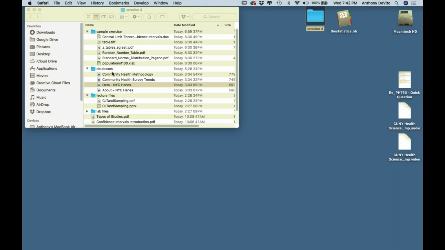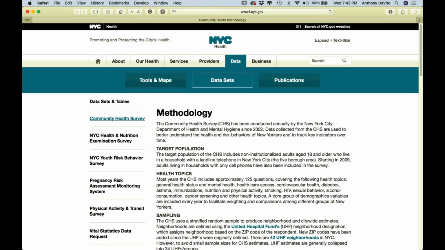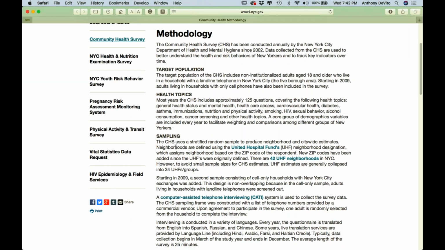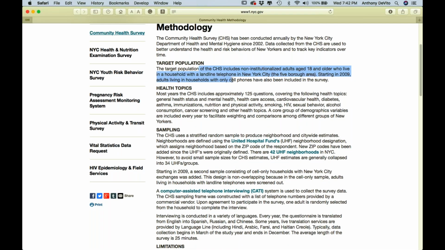And also, we're going to be working with something called the New York City Community Health Survey. That is a survey that's done by phone, by computer-assisted phone dialers. The target population includes non-institutional adults aged 18 and older who live in a New York City household, have a landline phone, and so on and so forth.